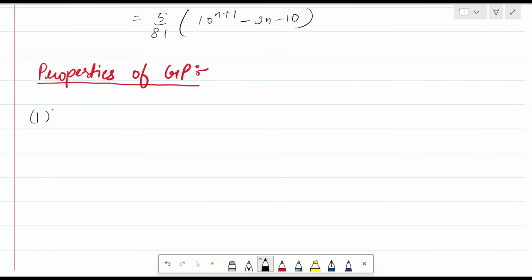What is the first property of GP? If A, B, C are in GP, then B square is equal to AC.